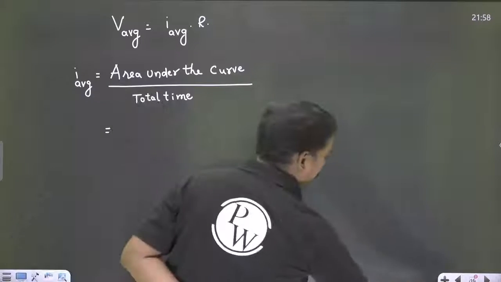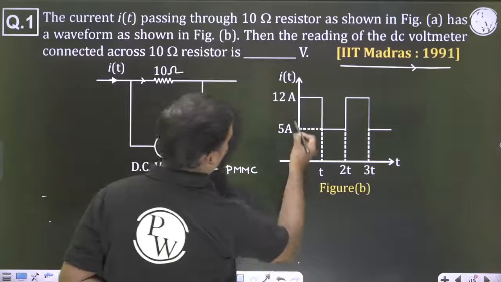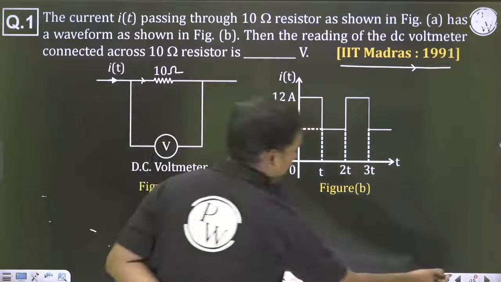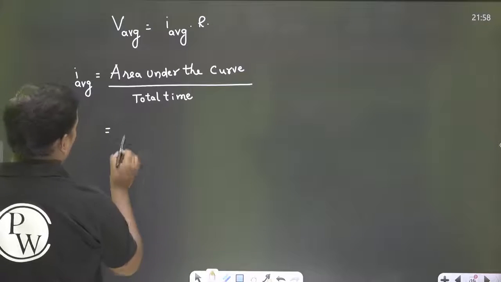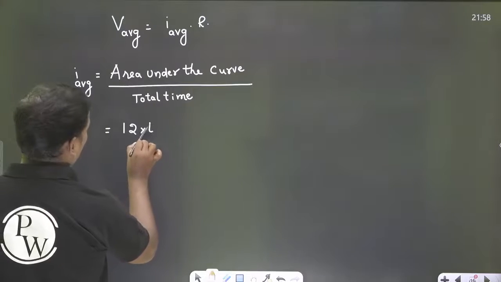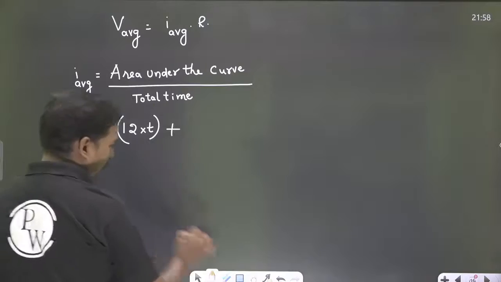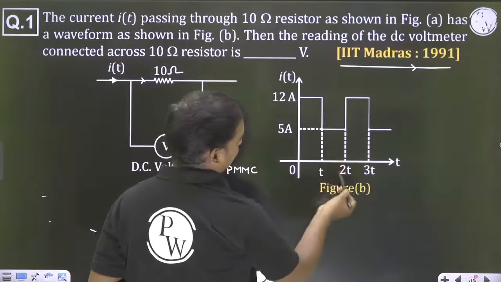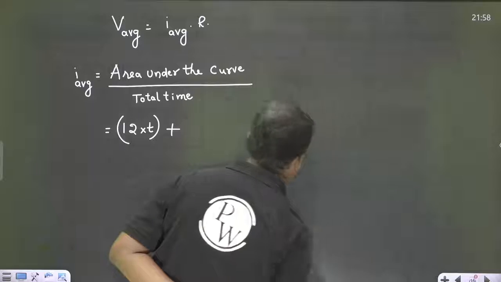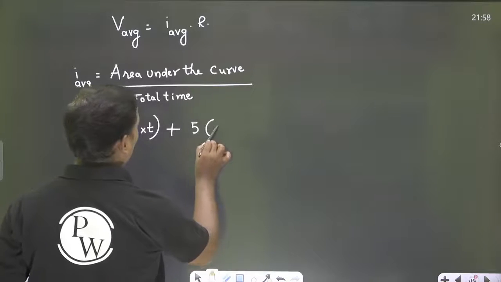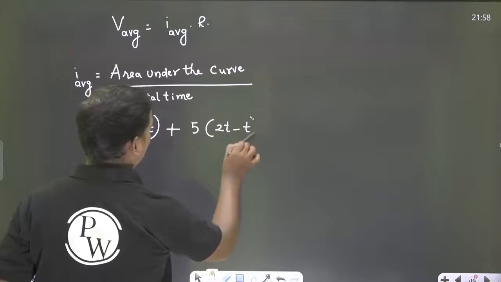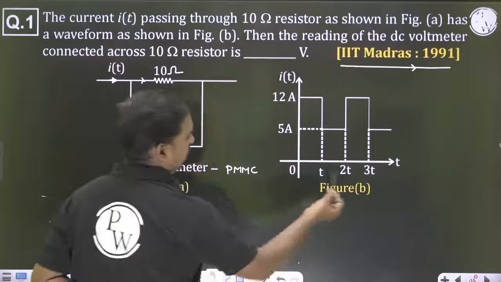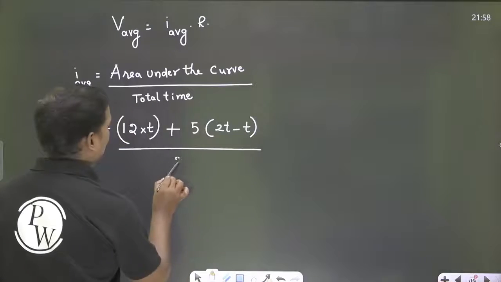First, this particular area is a rectangle, 0 to t is the time and 12 is the length. So this is 12 into t, plus, next, this area, which is 5 into 2t minus t, divided by the total time period, 2t.